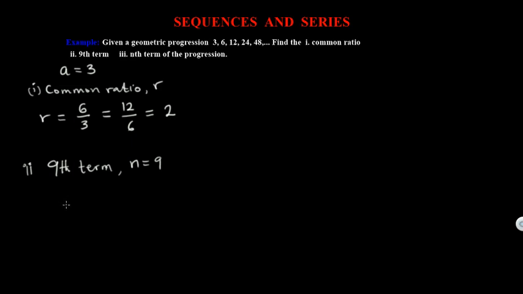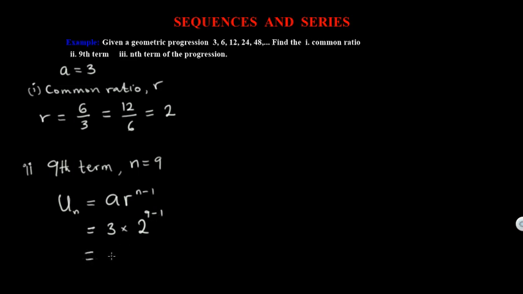The nth term of a GP is always given by the formula A R raised to the power of n minus 1, as we've learned a few minutes ago. Then we substitute the values. We know the value 3 multiplied by the common ratio, which is 2, raised to the power of n, which is our 9 minus 1.